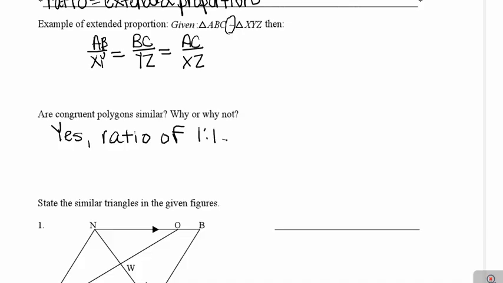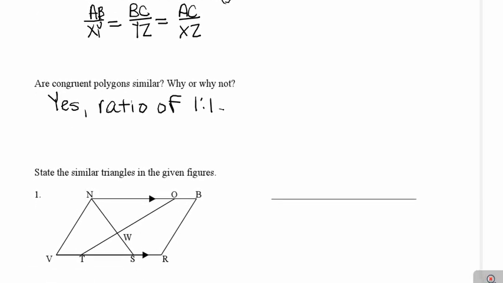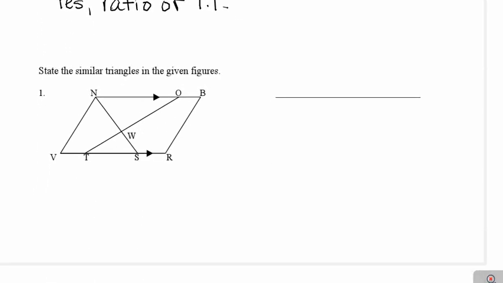Their corresponding angles would be congruent, and the ratio of their corresponding sides would just be 1 to 1. So yes, congruent polygons are also considered similar.